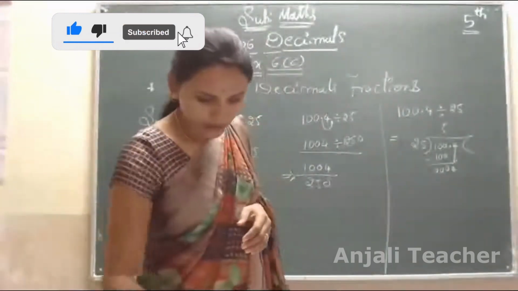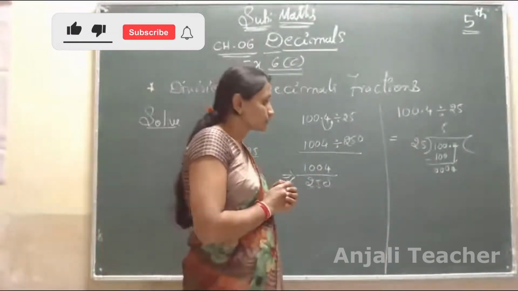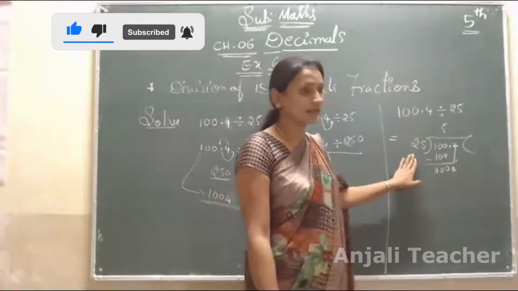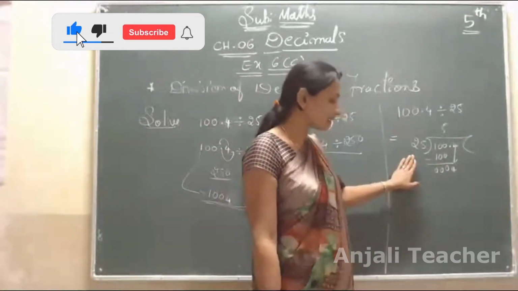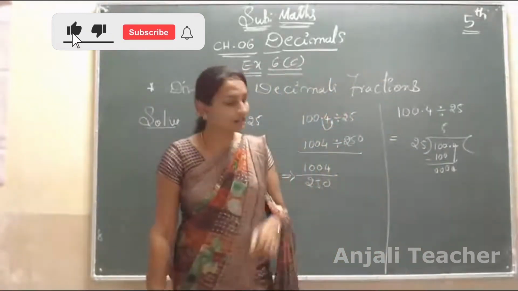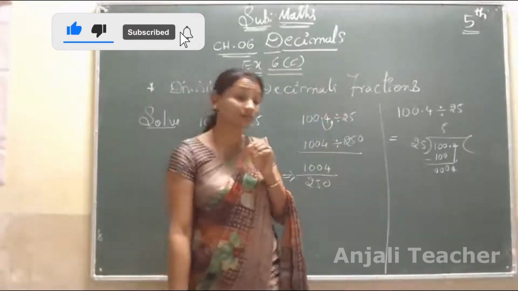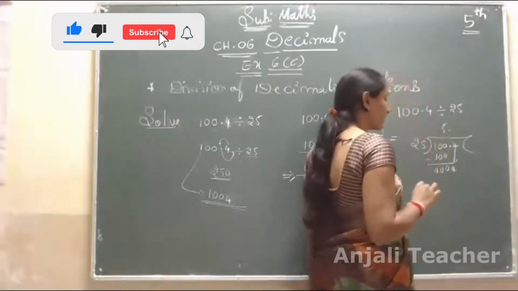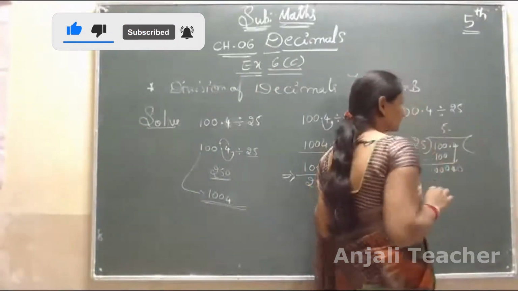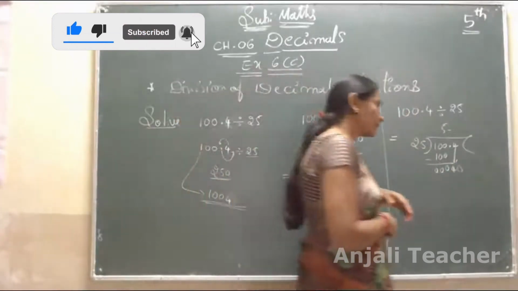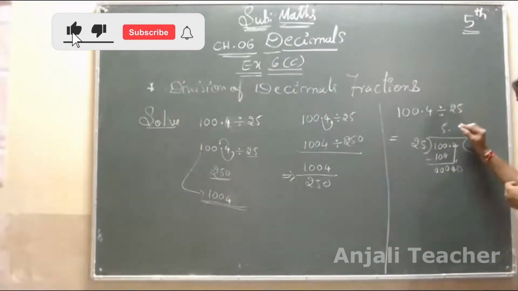Students, you have to take down 4 because you compare the divisor and the dividend. The divisor is a higher value, so the dividend value is low. So you have to write a point here. The point means you have to take the 0. Students, point means you have to take the 0. You already know you have to write the quotient with a point.